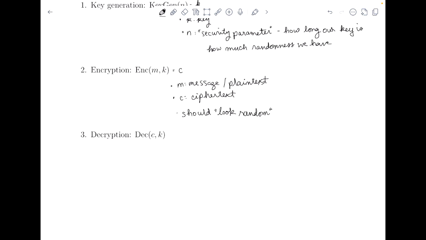Last, I have decryption, so decrypt of C and K, and that's going to give me back M, my message. So decryption is used to reveal the message inside the ciphertext. So again, I have the ciphertext C, and C gets decrypted to reveal the plaintext M.